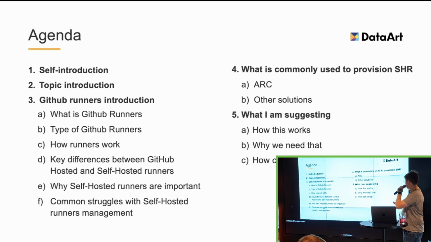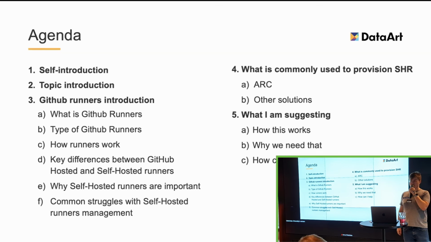Here's the agenda, but I described it in short already. Before we start, I just need a little insight from you to be sure how deep I need to dive into some topics. Raise your hands if you worked with GitHub Actions, GitHub infrastructure.